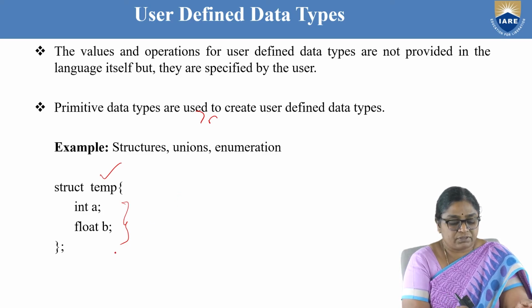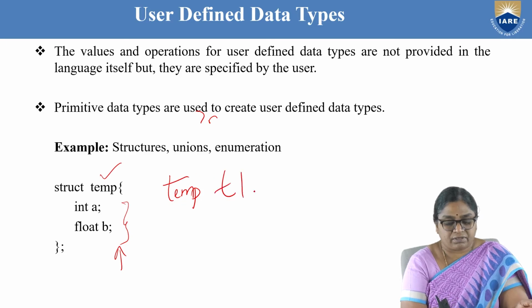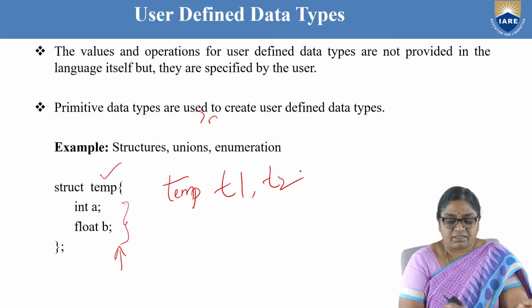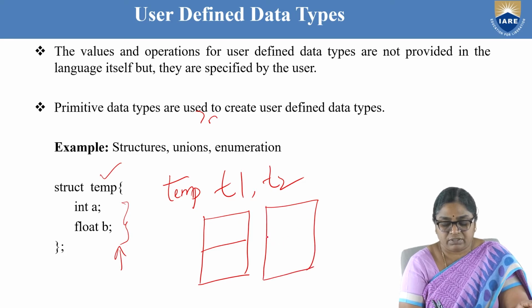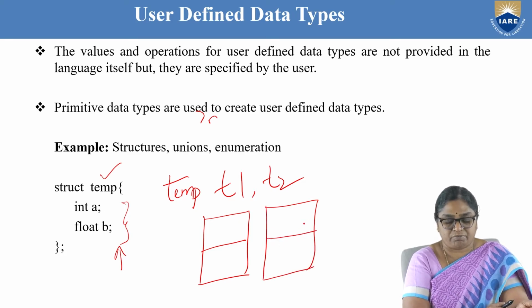To this temp data type, if we create some variables, something like temp t1 comma t2, then t1 is having placeholders for two members and t2 is having two placeholders for another two members.